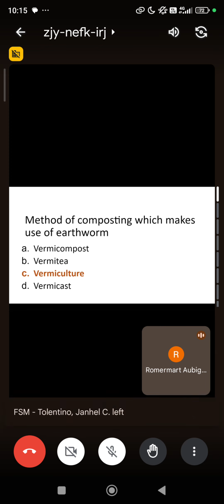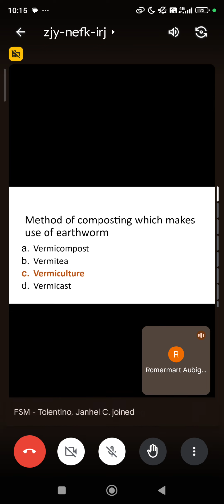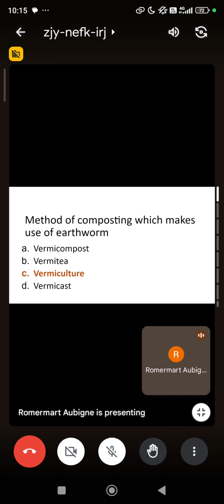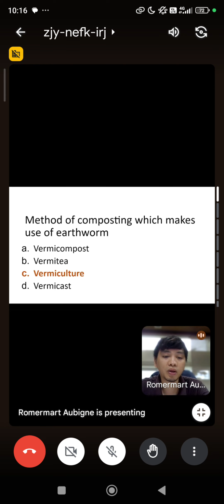Then pwede na natin siya magamit na pandilig sa ating halaman, which is rich nga siya sa mga primary macronutrients na kailangan ng ating halaman. So, vermicompost is the end product of vermicomposting process, while the vermicast is the excrement produced by earthworm during the process. Both are valuable organic fertilizer and soil amendments.